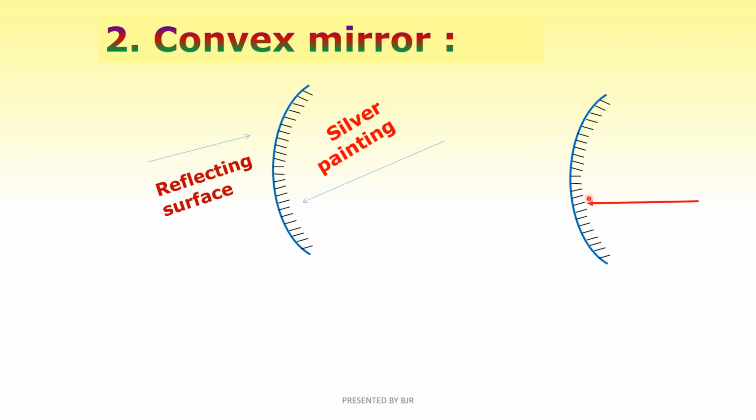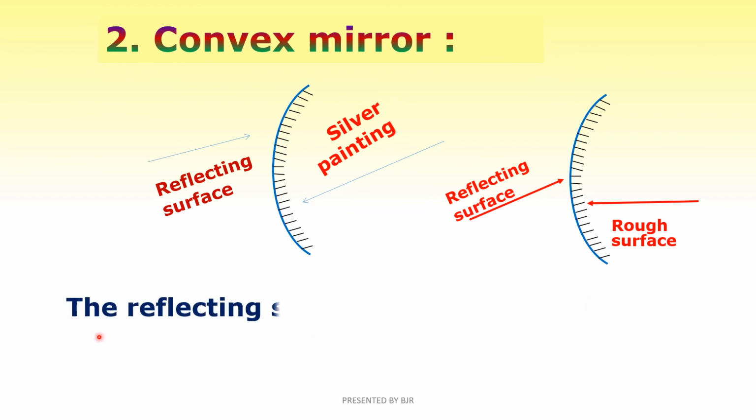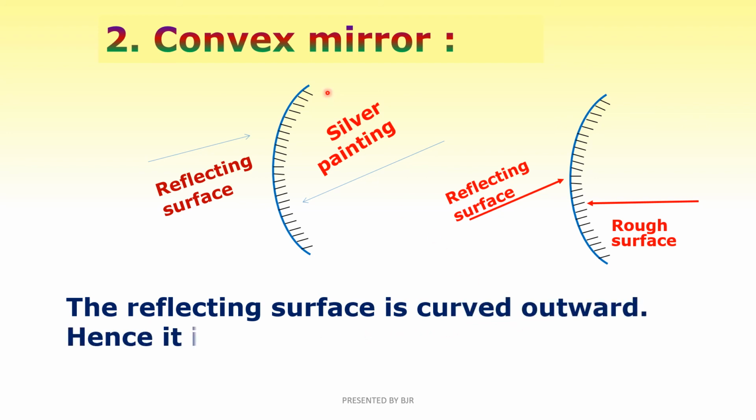Otherwise, in other words, this is the rough surface, okay, and this one is the reflecting surface. So the reflecting surface is curved outward. See here, hence it is called convex mirror.